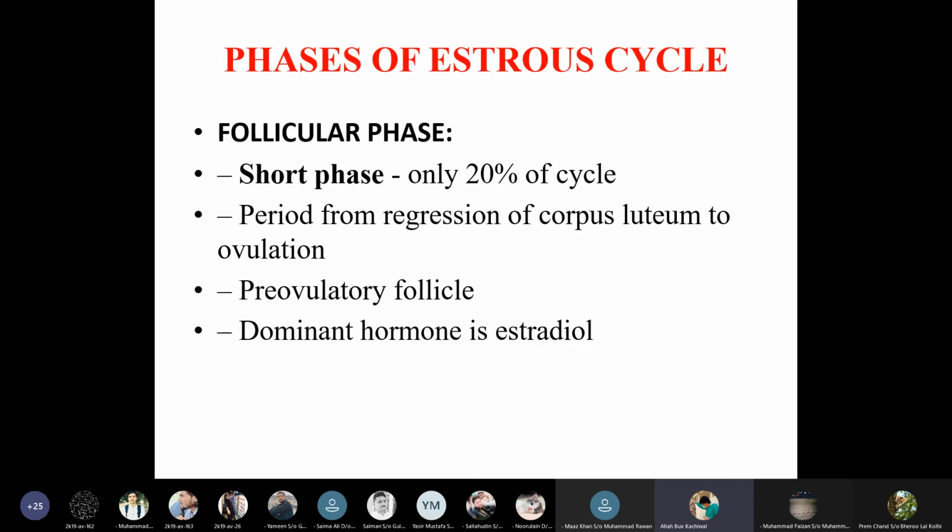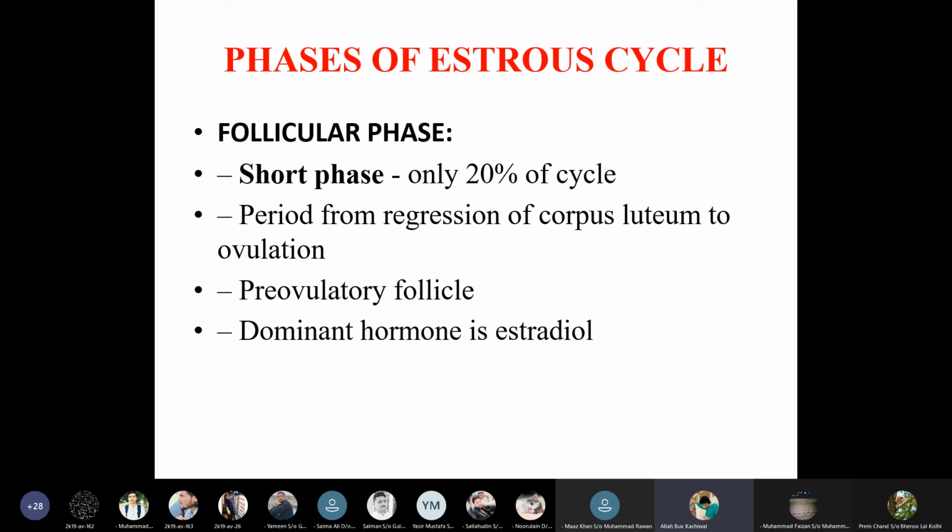The phases of the estrous cycle. The follicular phase, as I have described over here, is a short phase, only 20% of the cycle. It is the period from the regression of the corpus luteum to ovulation. In the pre-ovulatory follicles, the dominant hormone is estradiol.